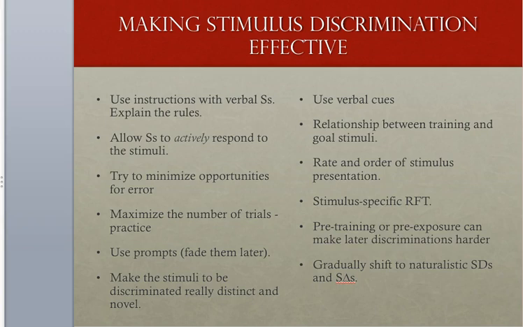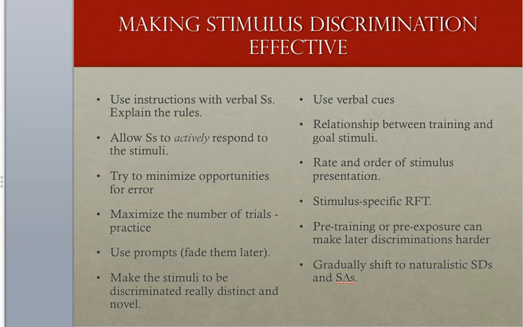You can use prompts. We'll talk about prompting and fading later in more detail, but you can prompt someone. You can help by moving their hand or giving them the first letter of the word. There are lots of ways to prompt, and then you can later slowly fade out those prompts.